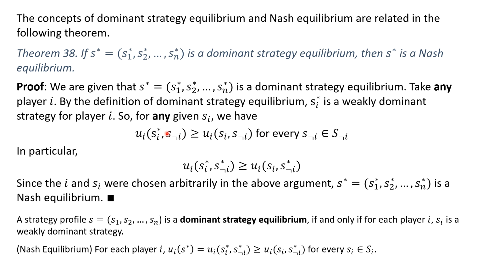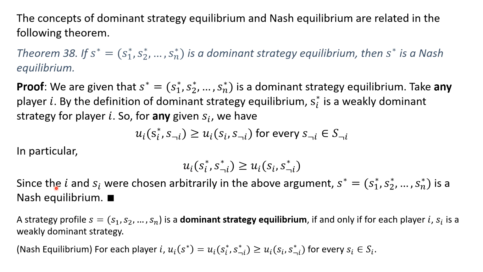Recall this S sub not I is just any other selection of strategies for the n minus 1 players, the players other than I. And this holds for any such S sub not I. So we can take a particular one from this list here and just plug that into this inequality, and we get this.